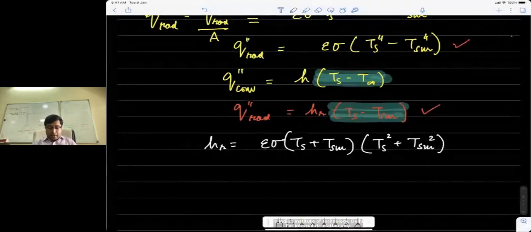So the radiation heat transfer coefficient actually becomes a function of the temperature itself, which is slightly more cumbersome and more difficult to handle when we are solving for any of the unknown temperatures. But sometimes it is useful to write it in this way.